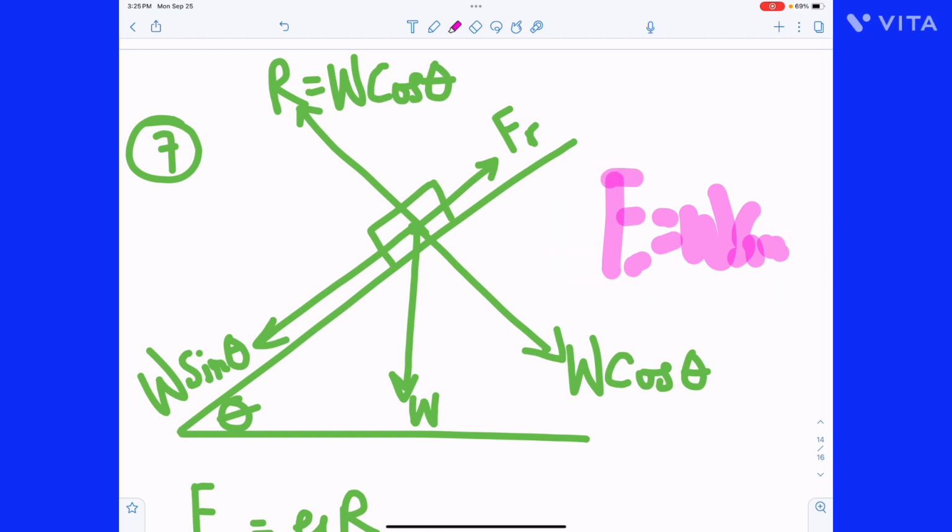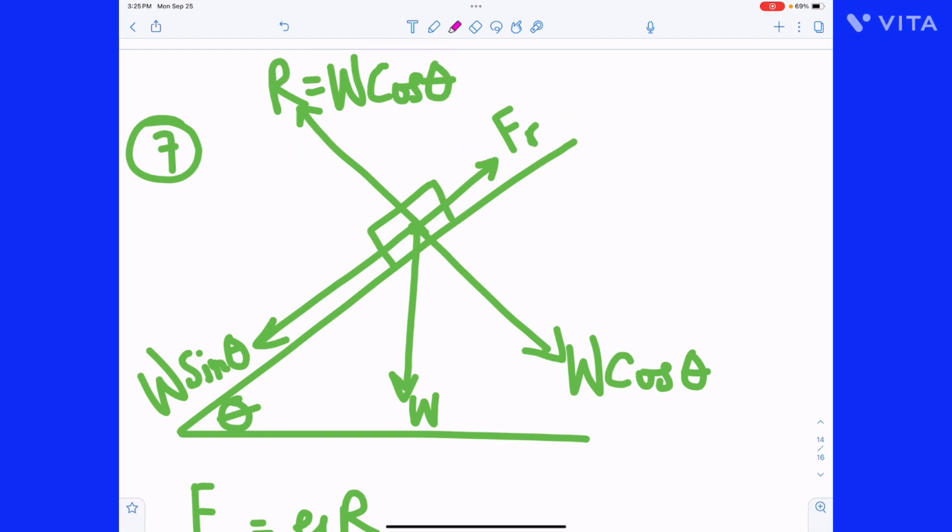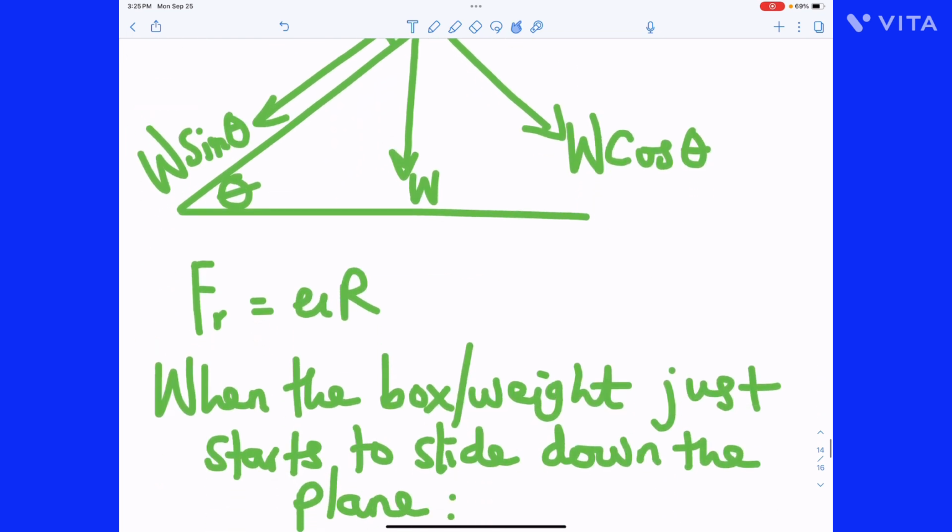We already wrote before, from our equation of friction, that frictional force is dependent on the normal reaction. So frictional force is also equal to mu R. But we know that this normal reaction R is the same thing as W cos theta.